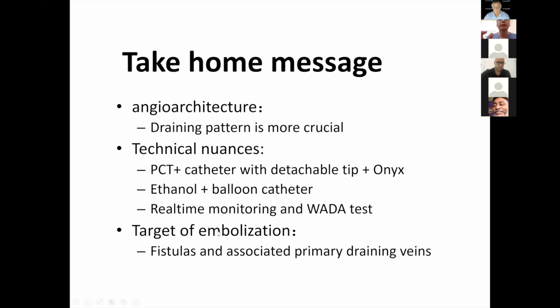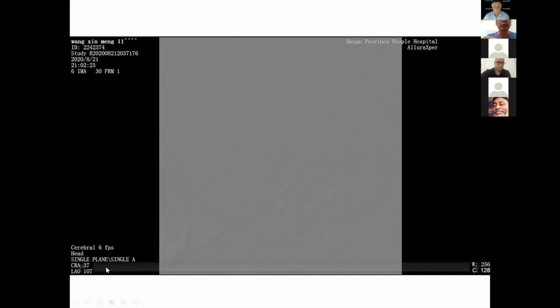So please always bear in your mind the target of embolization is numerous fistulas and associated primary draining veins. What's the primary draining veins? Let me show you by this video.